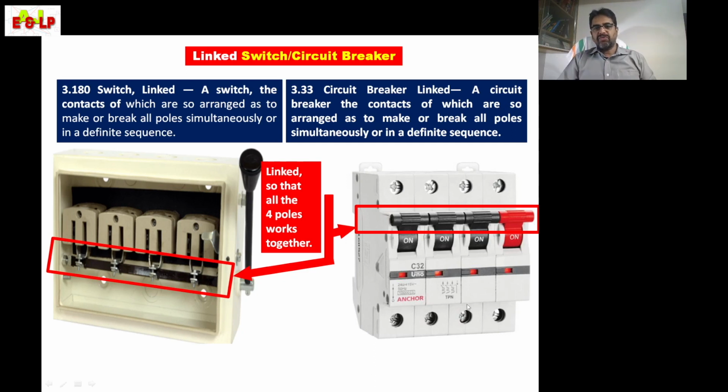Similarly, in the case of this MCB, a rod is inserted here, and all the poles will be operated, and it is shown here. This MCB is TPN, means N is linked, but it will not have protection. Anyway, I think the meaning of linked switch or linked circuit breaker is now clear to you.